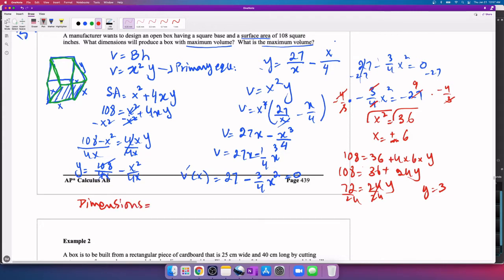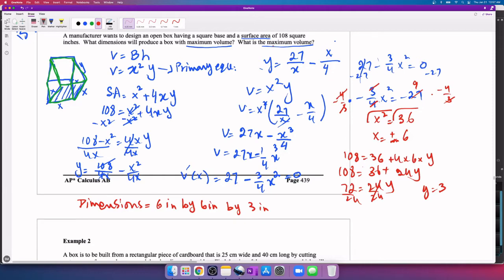Since x is the length and the width, I'm going to go 6 inches by 6 inches and then by 3 inches. That's the height. The first one, the second, and the third.